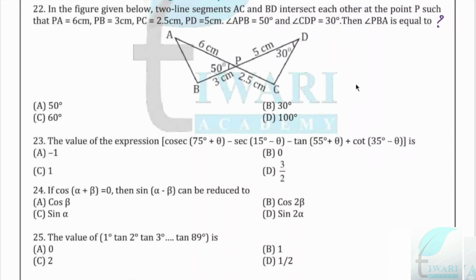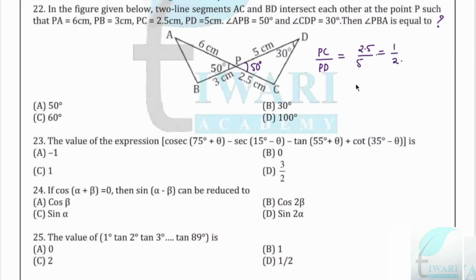See, this angle is 50 degrees and this is a vertically opposite angle. This should also be equal to 50 degrees. Now we can write, see, what is PC by PD? PC by PD means PC, that is 2.5 centimeters, divided by PD which is 5 centimeters, which will be equal to 1 by 2.